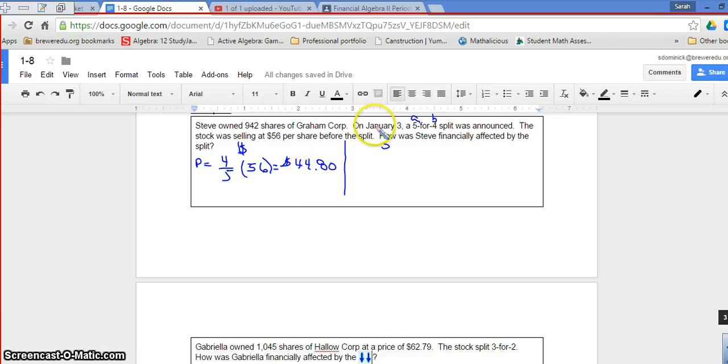Okay, and if you're going to do number of shares, your formula kind of reverses. So number of shares post-split is A over B, so for us it's 5 over 4 times the number of shares, so 942.